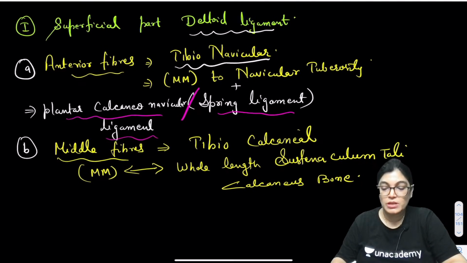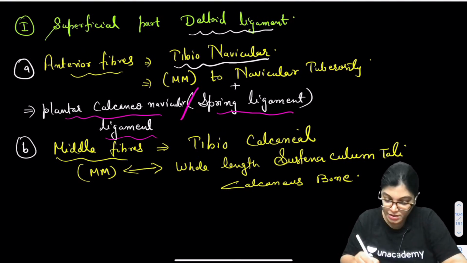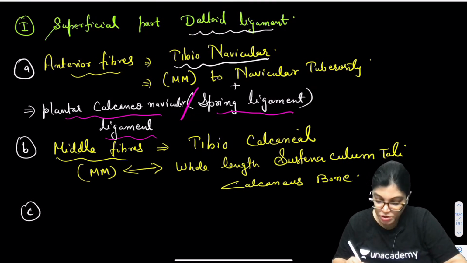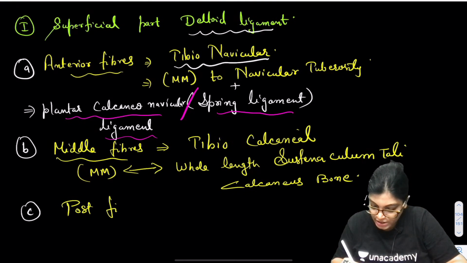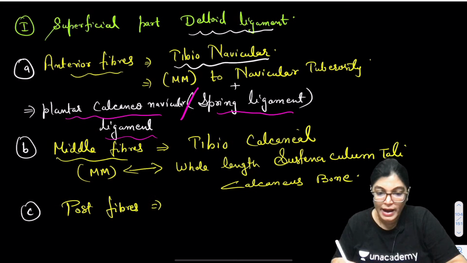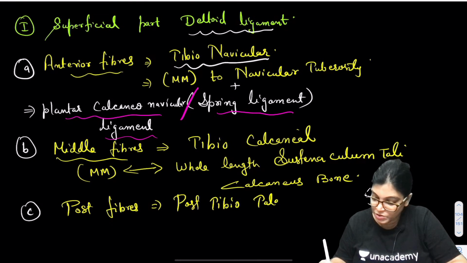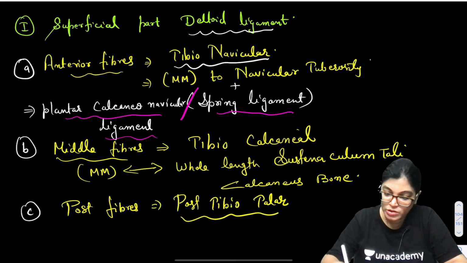Now let's move on to the third part of the superficial part of the ligament of the ankle joint. It is the posterior fibers, called the posterior tibiotalar.